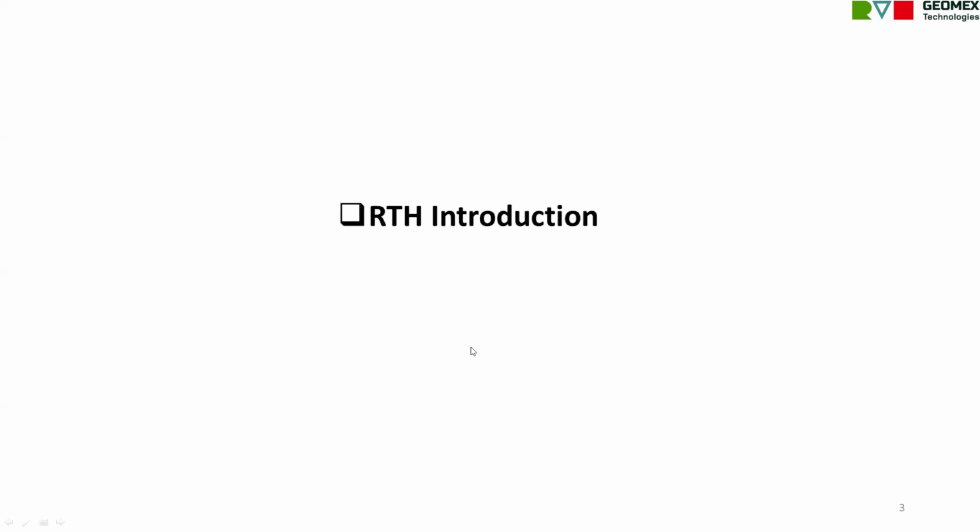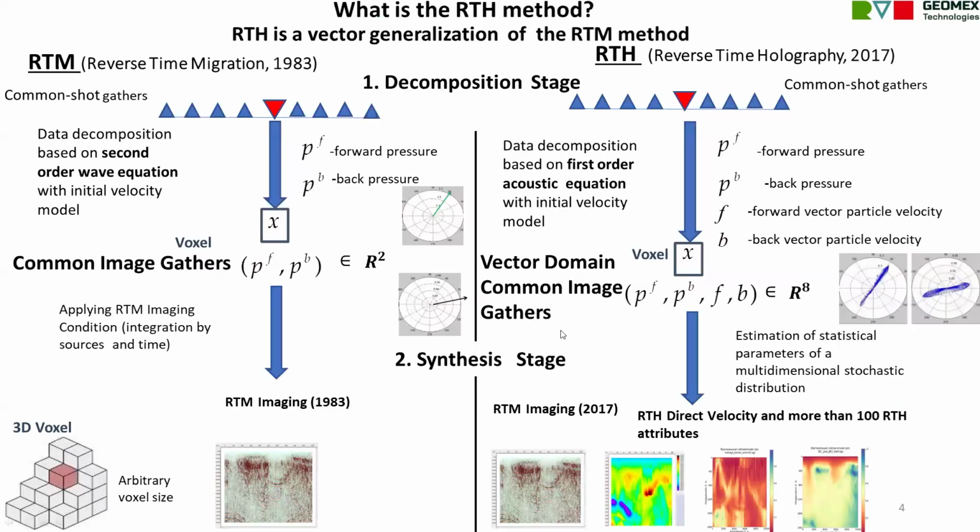I will now extend our first part. The main slides concern the comparison with the well-known method, reverse time migration, which was proposed more than 40 years ago by three men from the USA.